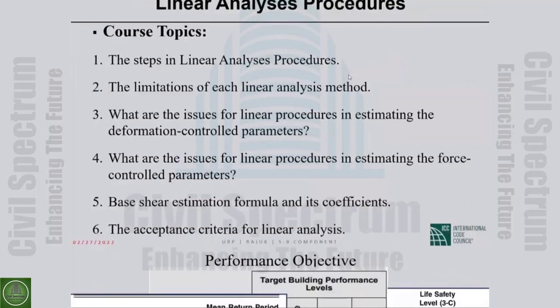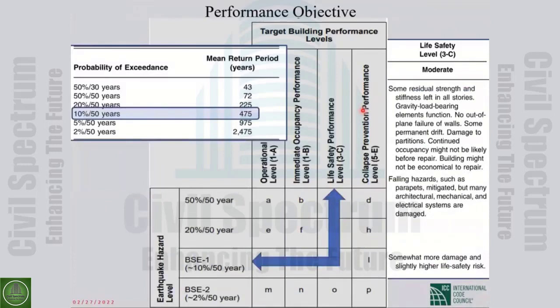Let's start. Usually the systematic evaluation starts from the performance objective, for the systematic approach, both in the elastic or inelastic, for dynamic or static. Always we start from either the code deciding what performance objective should be used.